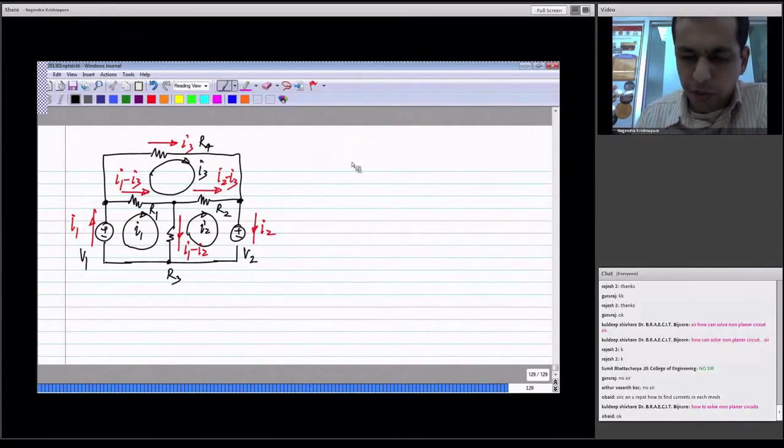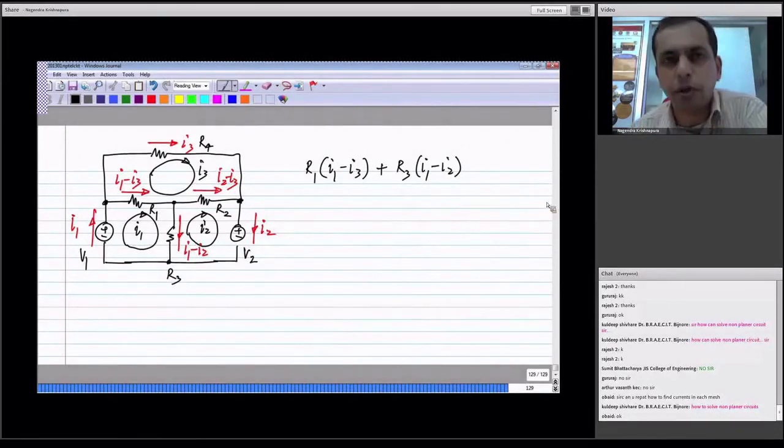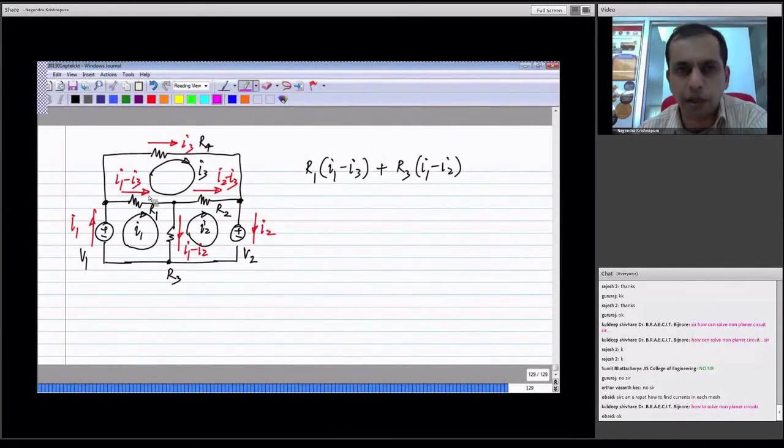And the voltage drop across R1 is R1 times the current in R1, which is I1 minus I3, plus R3 times the current in R3, which is I1 minus I2. And that's all. That's all the resistors we have. And we have an independent voltage source. And just like we put independent sources on the right side in nodal analysis, we do the same in mesh analysis.